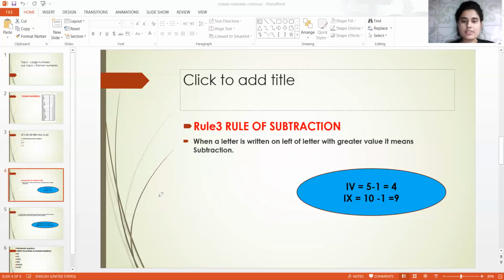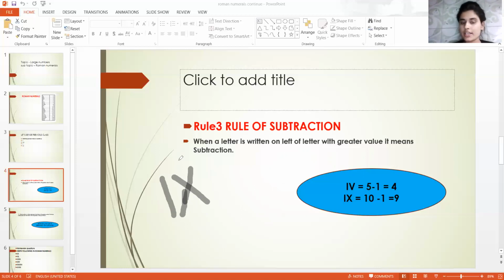Next example is I X. In I X, which one is the greater symbol, the right side or the left side?